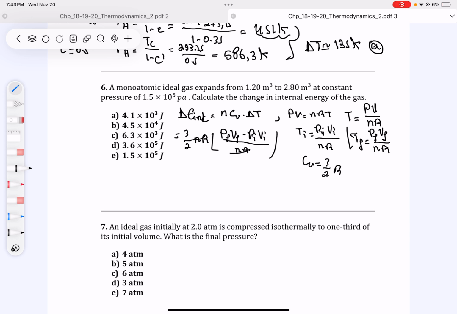We can simplify nR, and we have that P initial and P final is the same because it's at constant pressure. Say that here. V final minus V initial. We calculate it. We get 360,000, but we write it like this. That's D.